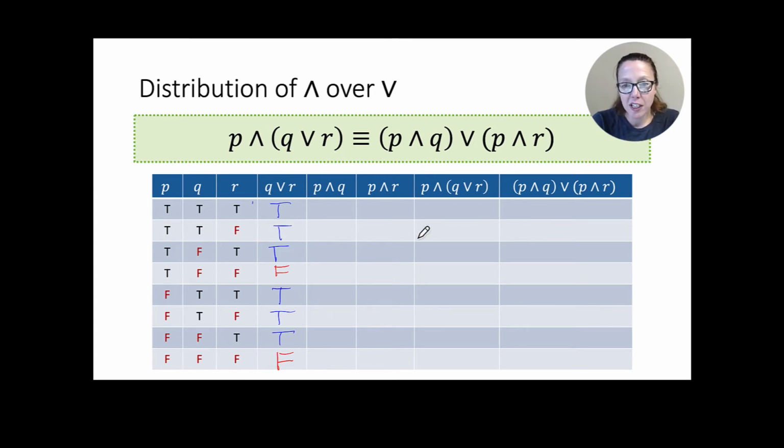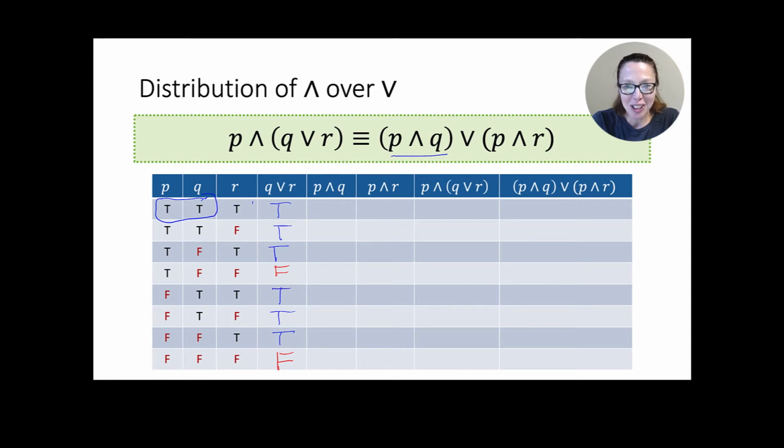So now we can move our attention to the right side of this equivalency. And we'll first start by looking at P and Q. And P and Q is only true if both P and Q are true. So this only happens a handful of times. We can look at the first row, true, true.